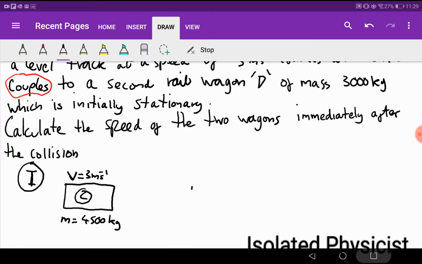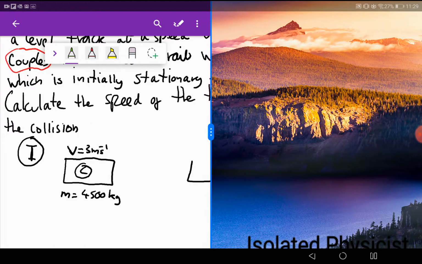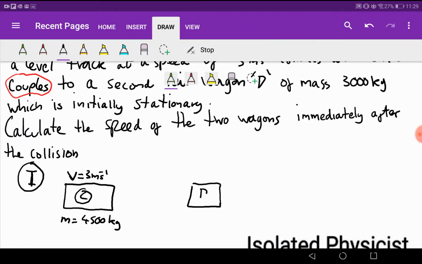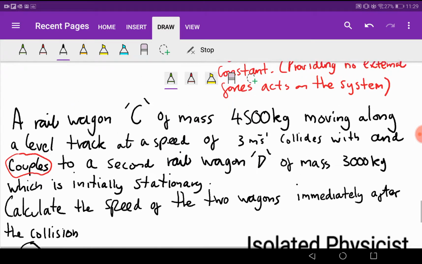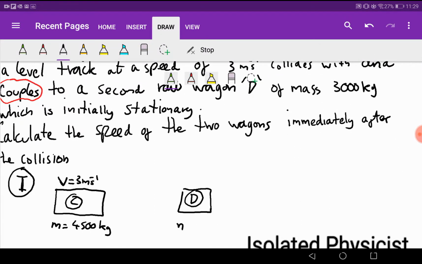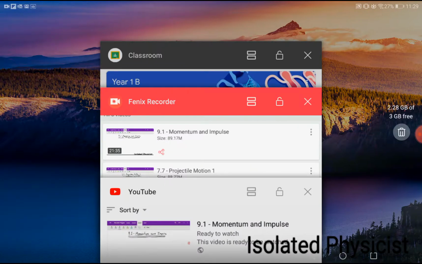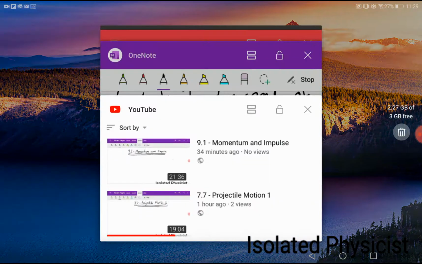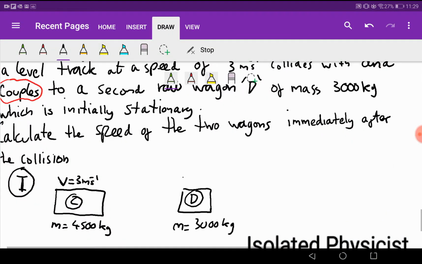And then we've got a second rail wagon D, mass 3,000 kilograms, and it's initially at rest, which is initially at v equals 0 meters per second.